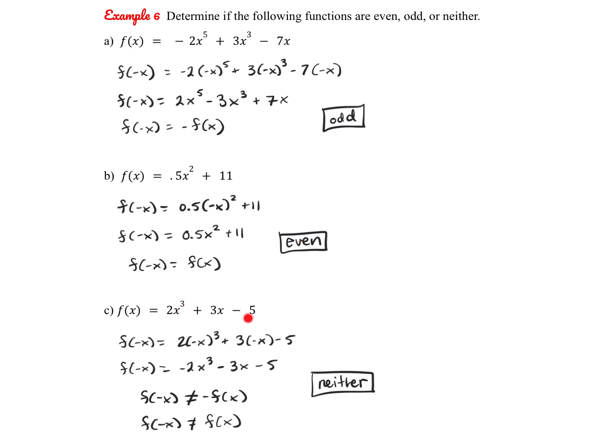Now, if you have a mixture of even and odd exponents or odd exponents with a constant, that's when it's going to be neither. So that's kind of the shortcut, but we would still want you to be comfortable with this algebraic substitution to determine if something is even or odd.